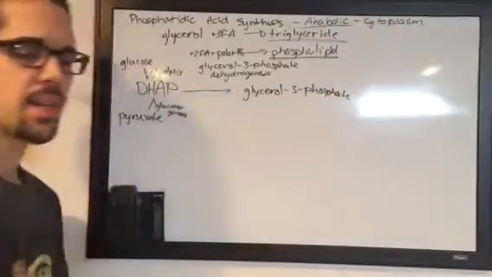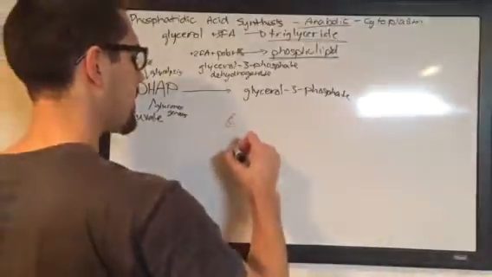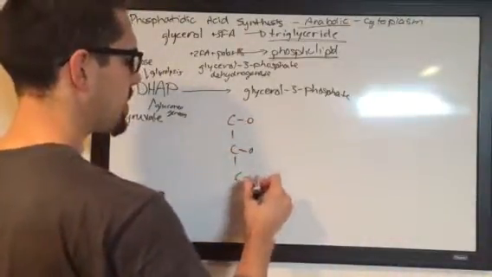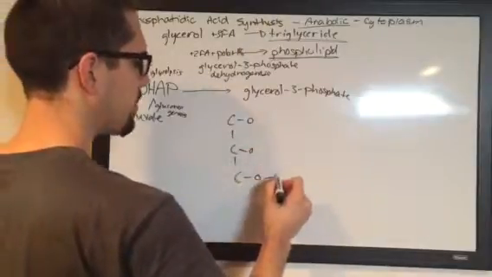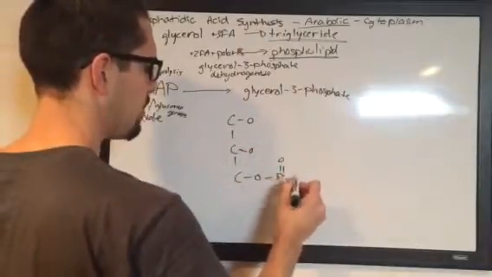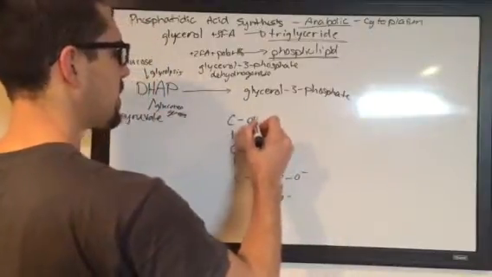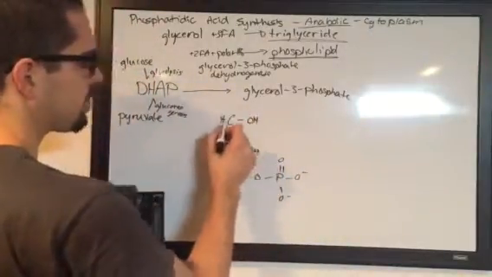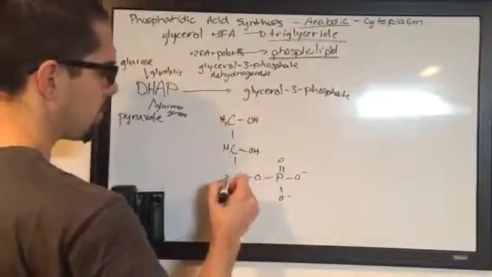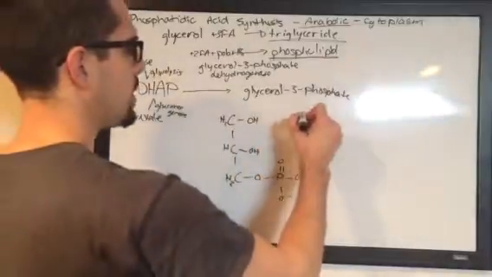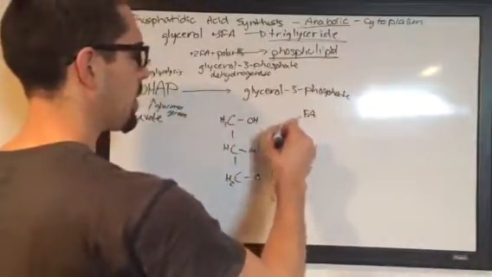Now, as a quick aside, glycerol 3-phosphate looks a little bit like this. It's basically just 3 carbons linked together with associated hydrogens. Bam, bam, bam. What essentially we're going to do is take a fatty acid and put it on here.